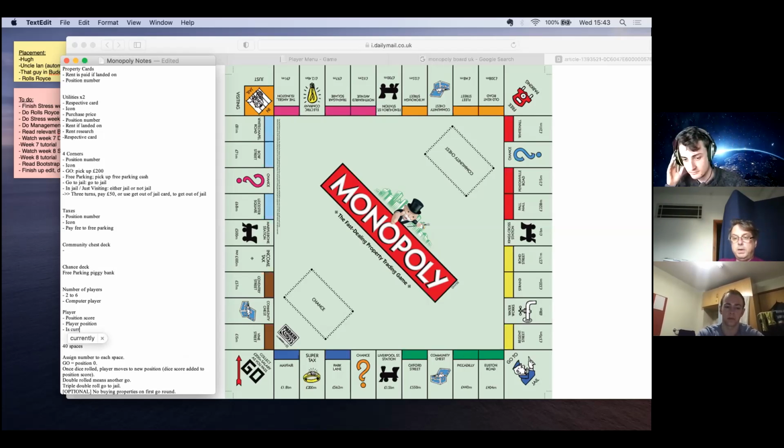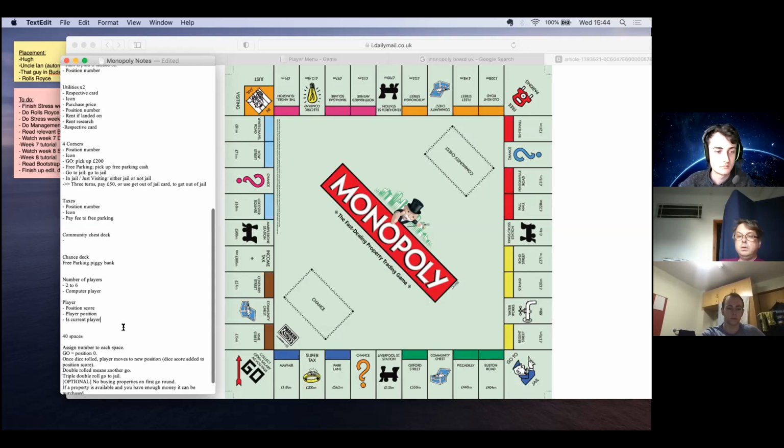That tracks whether we're the person that's playing currently or whether it's someone else's turn. There'll be some mechanism to figure that out. Okay. Player score, player position, is current player, player icon. We might as well have an icon.